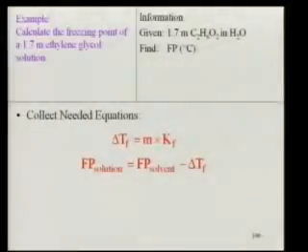Now, here's the key, though. What this solves for is not your new temperature. What this solves for is the change from the original temperature. If I calculate the change in the freezing point, remember which direction we always go. If it's the freezing point, it's going to go down to a lower freezing point.